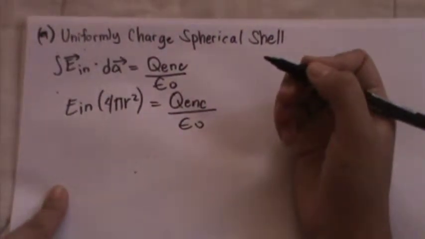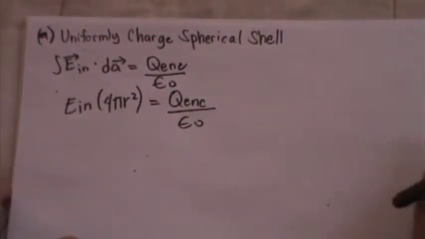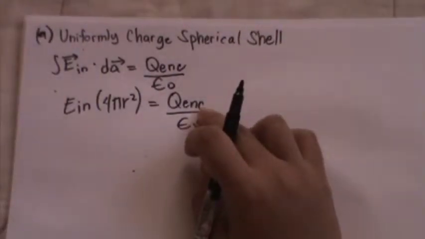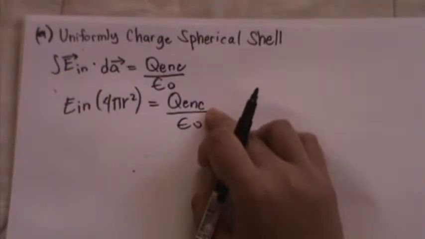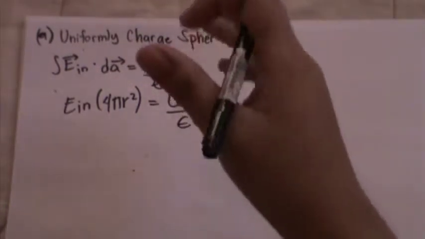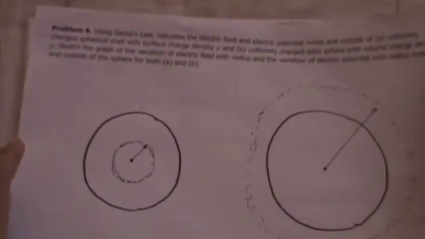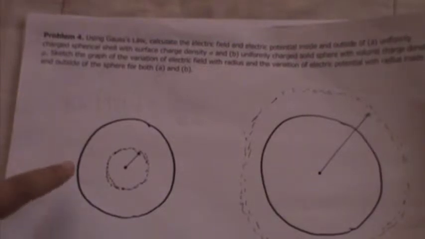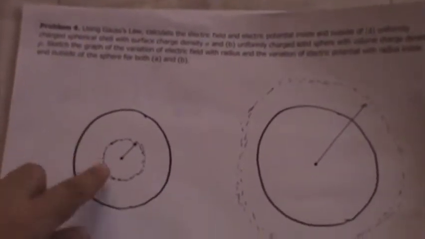Next, we should identify the Q enclosed inside the spherical shell. We are calculating for the electric field inside.